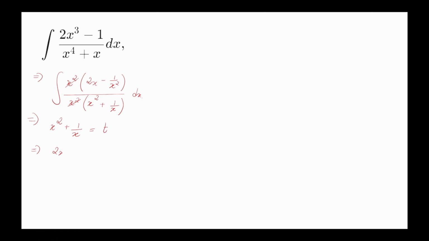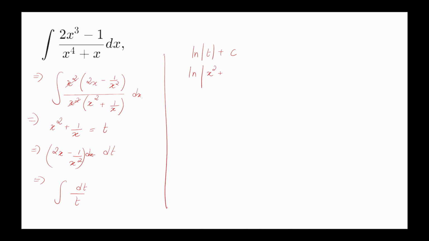So this 2x minus 1 upon x square dx would become dt. So upon replacing the values, this would become dt by t. And simply, how can I write it down? This would become ln of t plus c. Now, if I replace the value of t, I had assumed it to be x square plus 1 by x, plus c. So I get this as my answer.